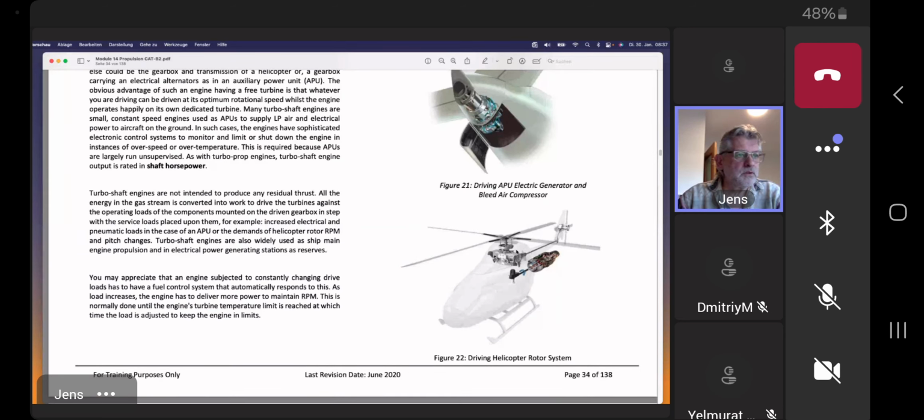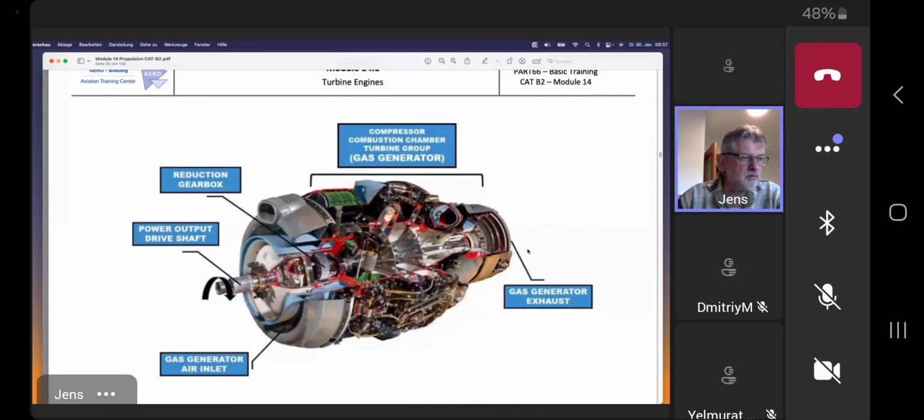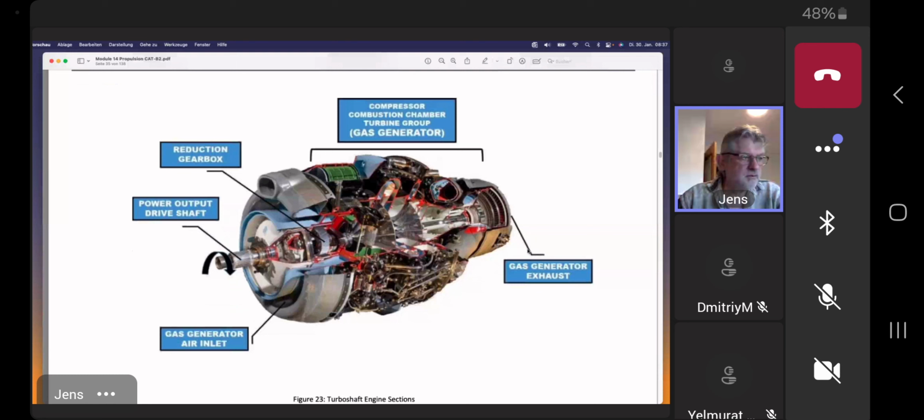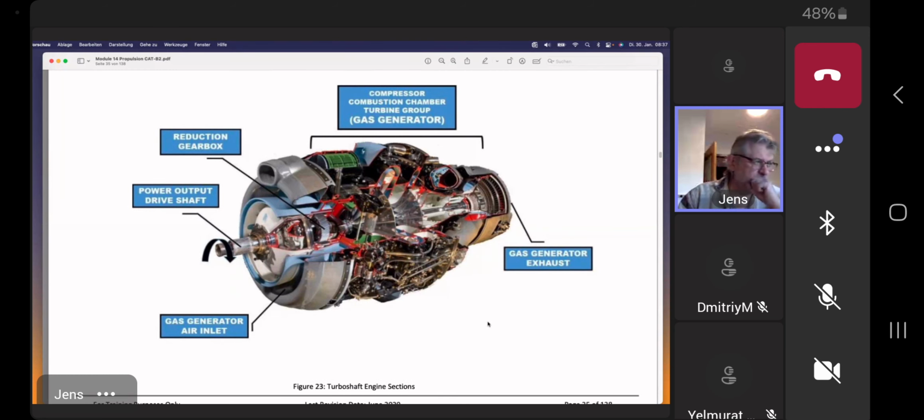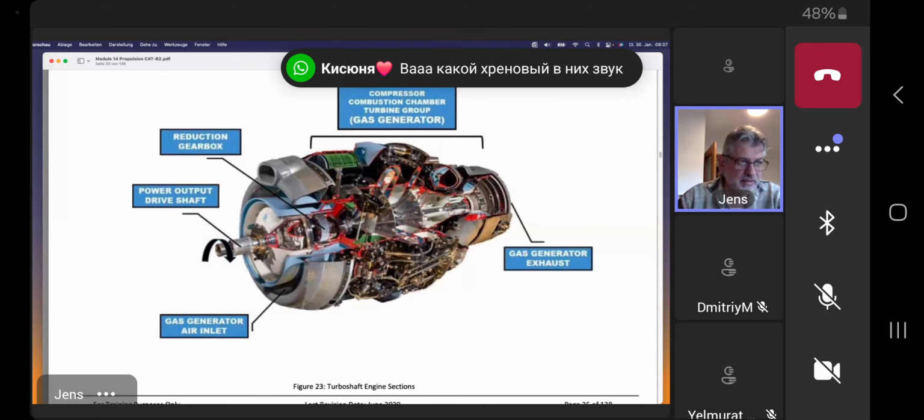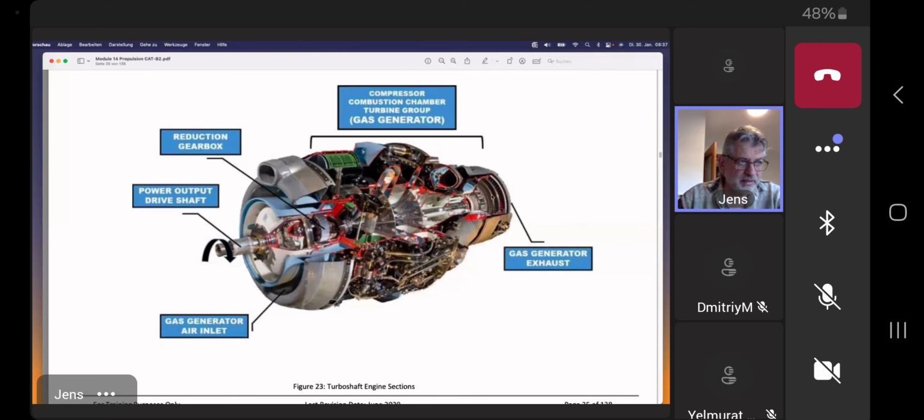So here, as you can see as an example, we have our reduction gearbox. Again, the turbine is designed to extract as much energy as possible, with no interest in any thrust by accelerated air.